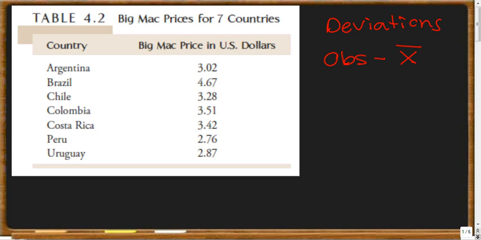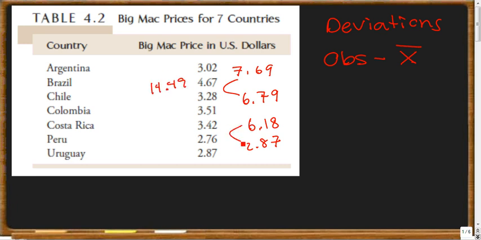So here we've got 7.69 and 6.79, and this is 6.18 and 2.87. These together make 13.49, and these two together make 8.905.